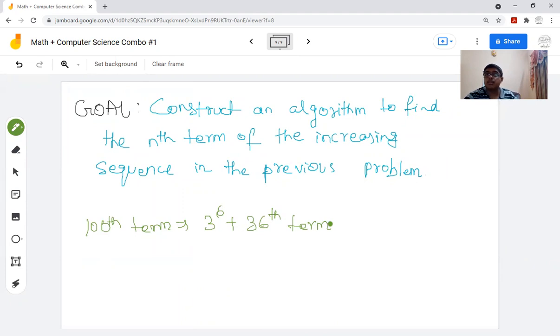Since I know that the 32nd term is actually 3 power 5, I can further modify it as 3 power 6 plus 3 power 5 plus the fourth term.